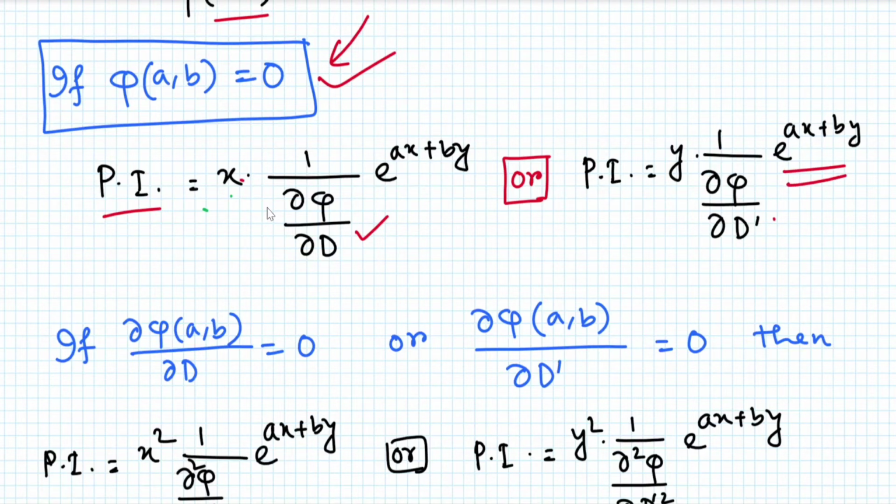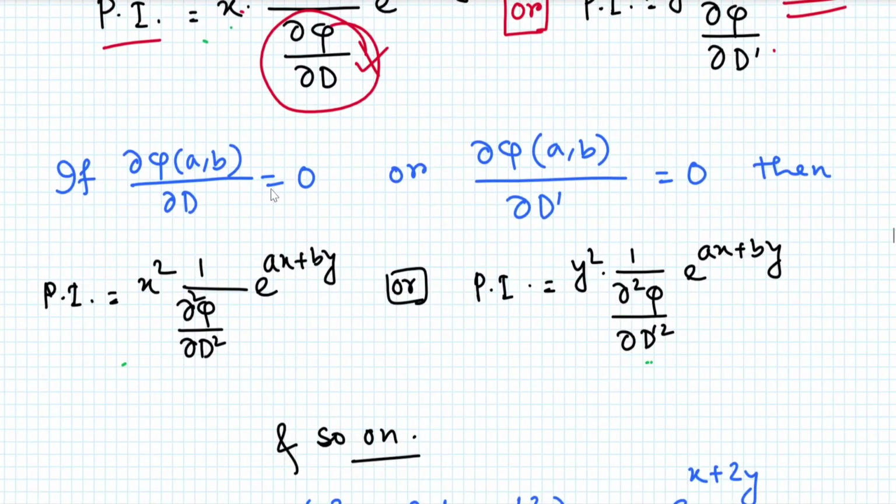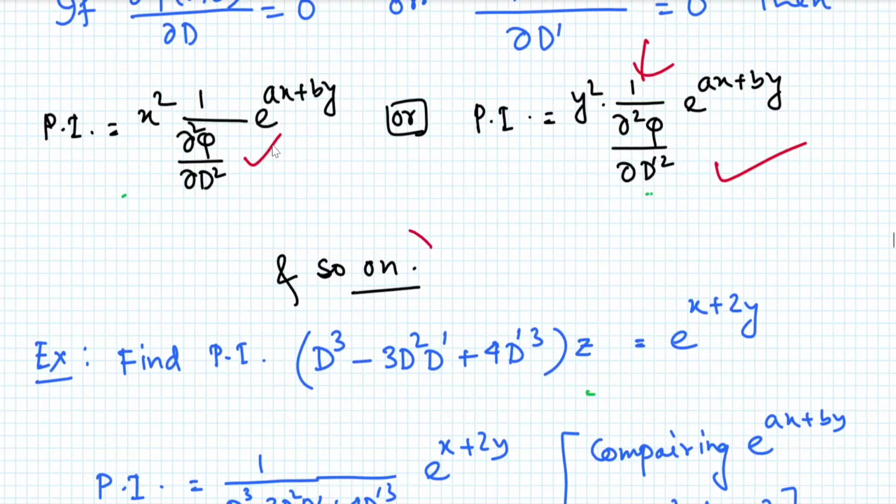Now if this term is again 0, then we should again multiply by x, and the order of the partial differentiation should be higher, that is 2. Then put the value of a, b and we get the particular integral for the function e to the power ax plus by. This process we can continue until the denominator term is not equal to 0.